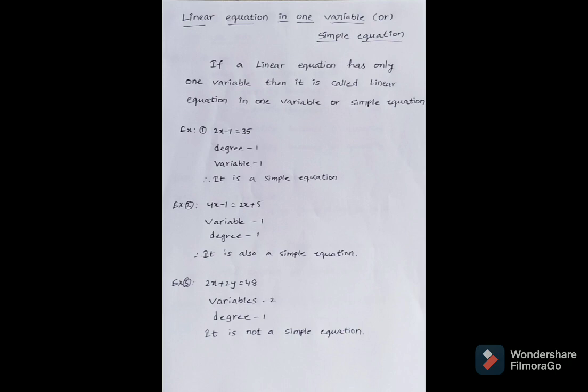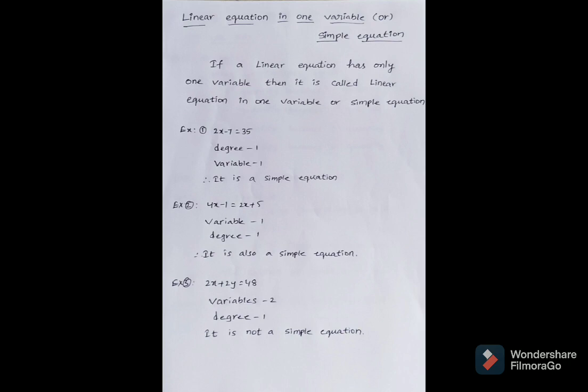Second example. Let us see. 4x minus 1 equal to 2x plus 5. In this equation, both sides have the variable x and the power of x is 1. So number of variables is 1 and degree is also 1.